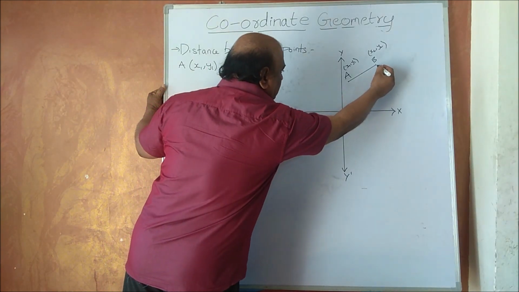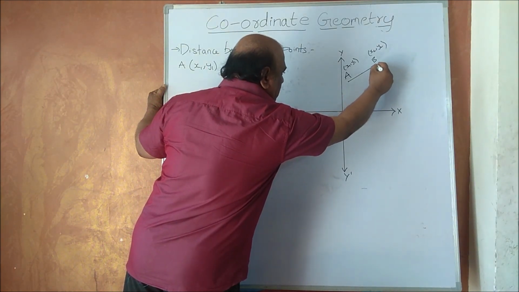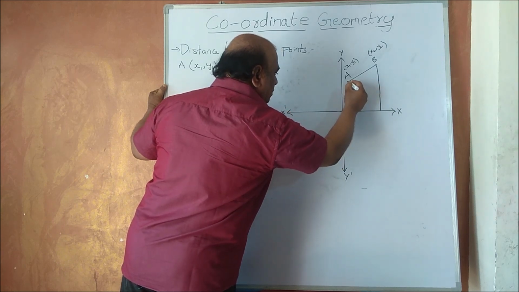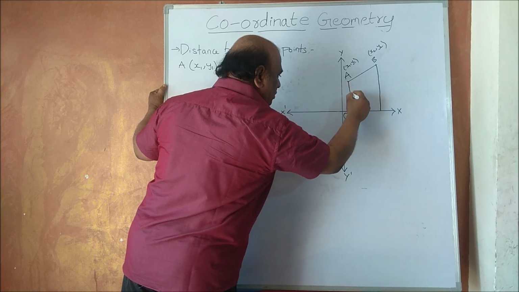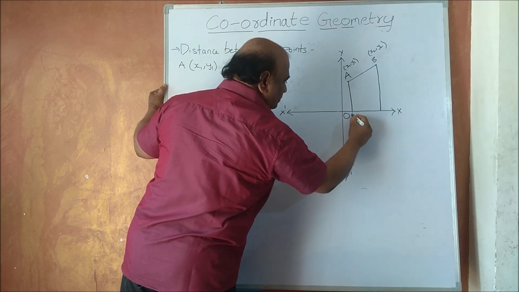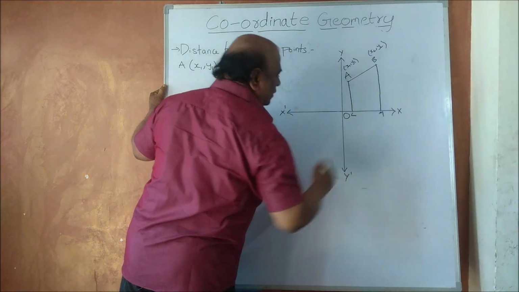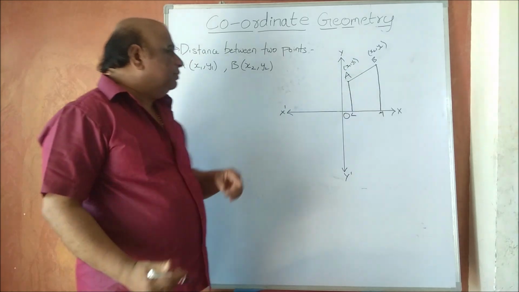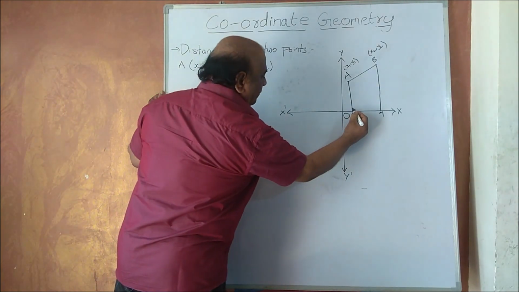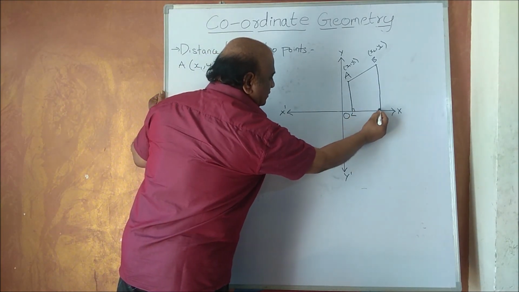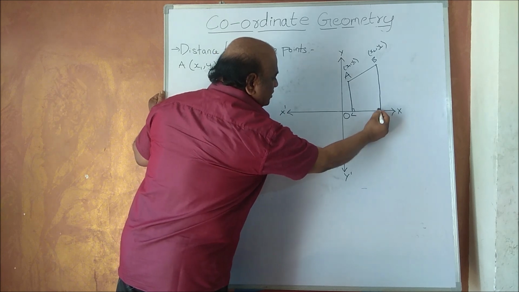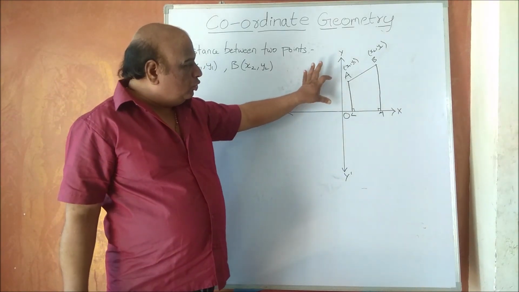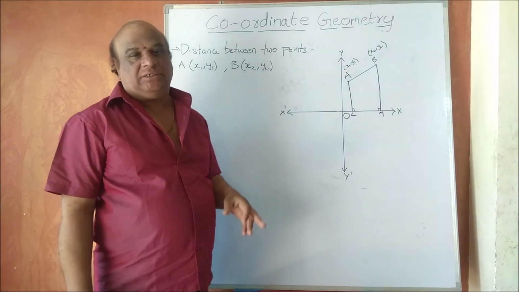Now you draw this. AL and BM, these both are perpendiculars to the x-axis. This is the construction part. AL and BM are two perpendicular lines to the x-axis.